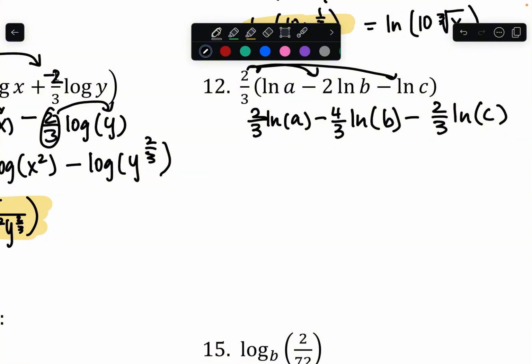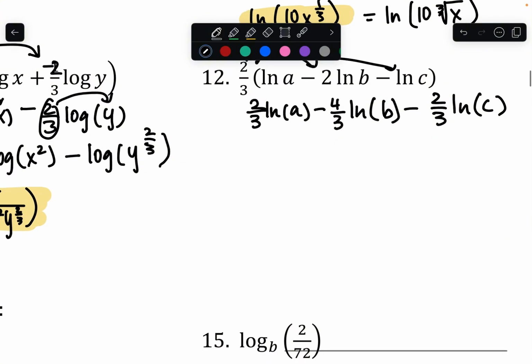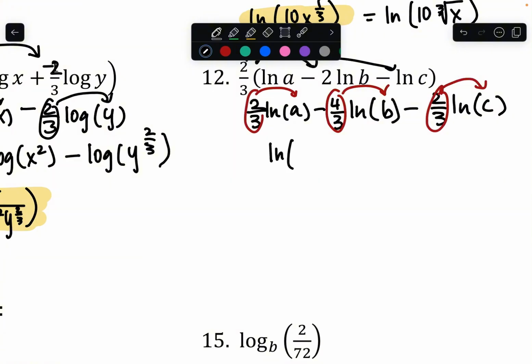Just distributing that 2/3 to the parentheses. Now each of those 2/3 or those multipliers need to go inside as the exponents. Leave the minus signs outside. We'll take care of those next. So natural log of a to the 2/3 minus natural log of b to the 4/3 minus natural log of c to the 2/3.